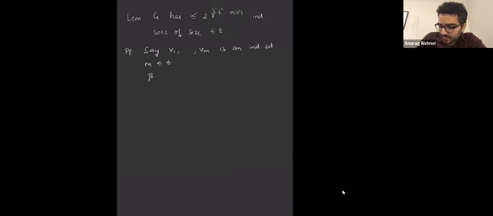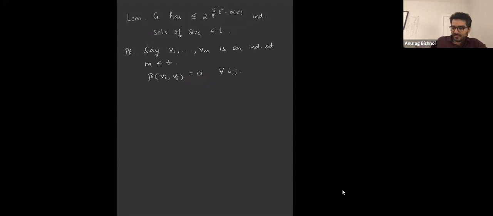Well, this time beta of vi vj is 0 for all i, j. Right? This is an independent set where we have non-edges now. So what we have is a bunch of pairwise orthogonal vectors. Or if you remember the polar space stuff from before, what we have is a totally isotropic subspace, right? But it doesn't matter if you don't remember that.